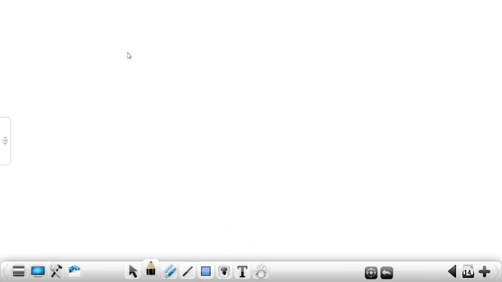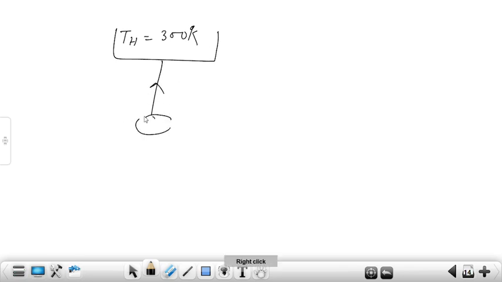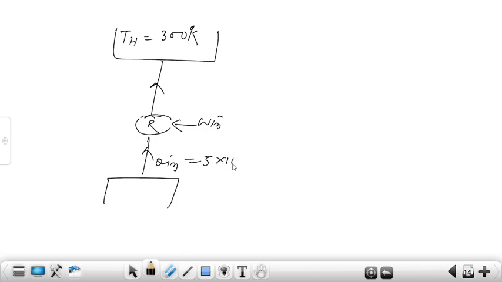So given data: TH is 300 Kelvin, the refrigerator requires W in, and Q in is given as 5 into 10 to the power 6 kilojoule per hour. So convert into seconds, 60 minutes, 60 seconds.